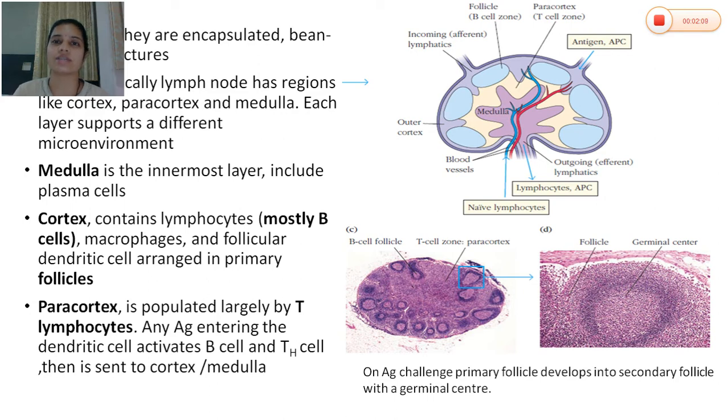Once there is entry of antigen, these primary follicles will develop into a secondary follicle which will have a germinal center. Here you can see the B cell follicle. In this diagram you can see the paracortex in between the outer cortex and inner medulla. These are the artery and vein.